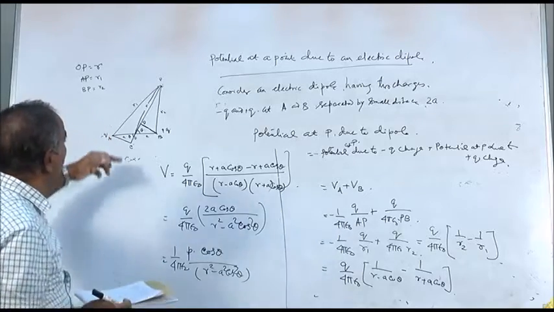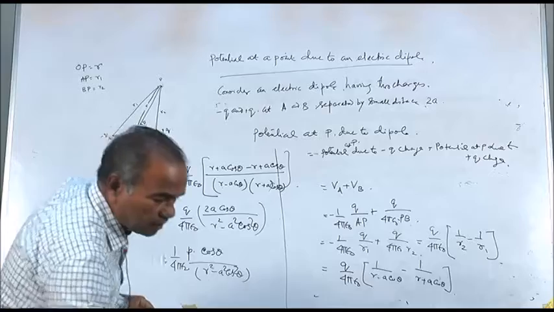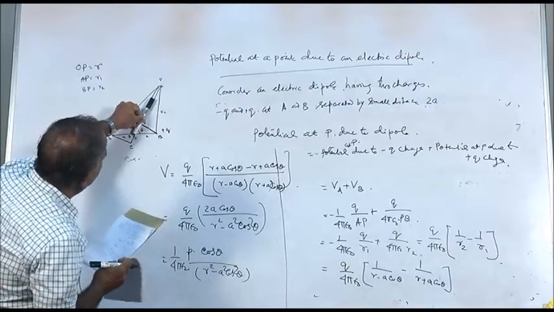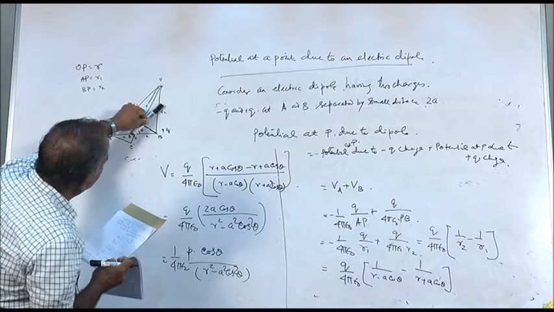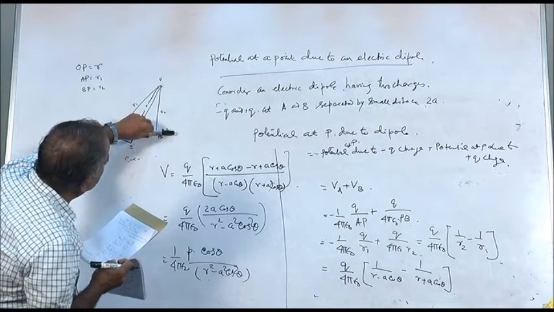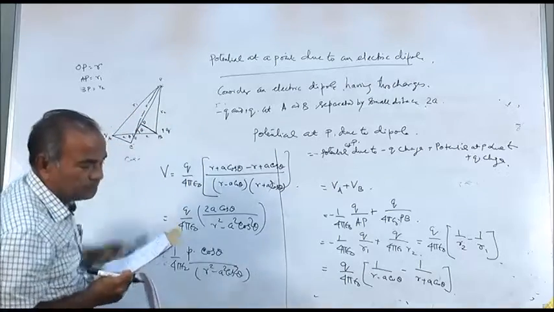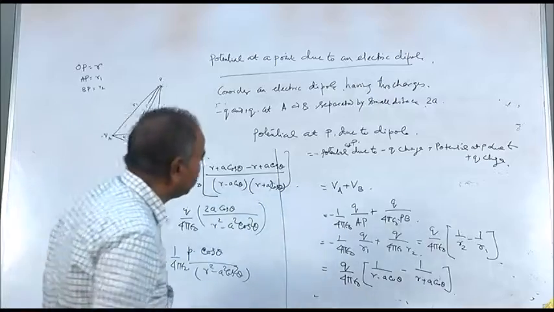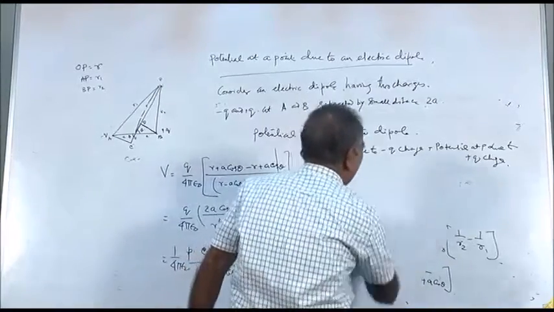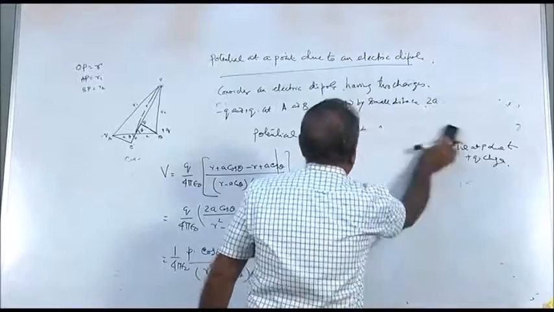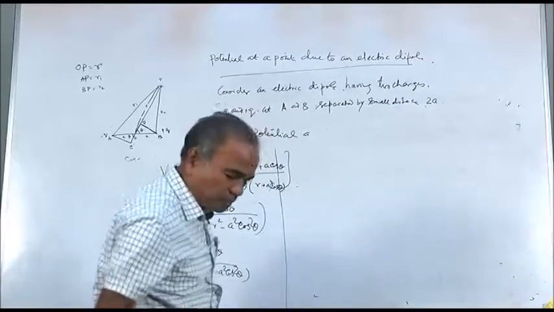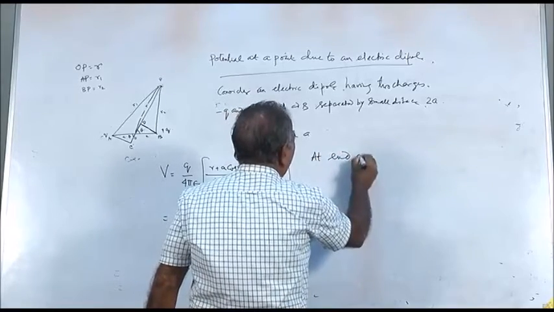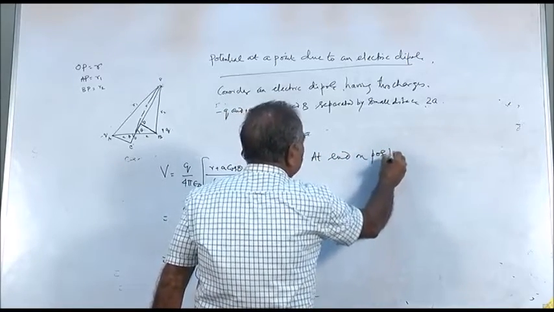So when theta is equal to 0, this is the theta value. If the point comes like this, theta becomes 0, which means the point lies in the end on position, or on the axial line, that is also called the axial line.